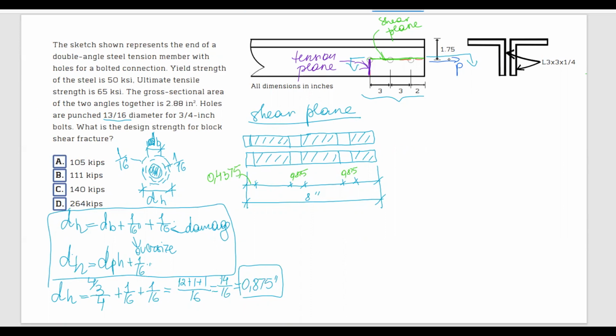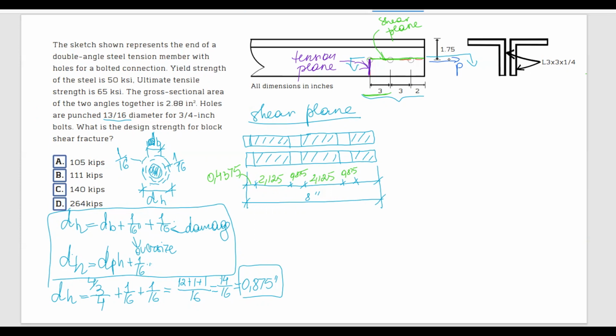Since center to center, we have 3 based on what's shown here, that means that we have to subtract 0.75 out of 3 to get this dimension here. This is going to be equal to 2.125 one time here, 2.125 here, and this dimension, center to the end, is 2, so we have to subtract half of this diameter to get this dimension here.